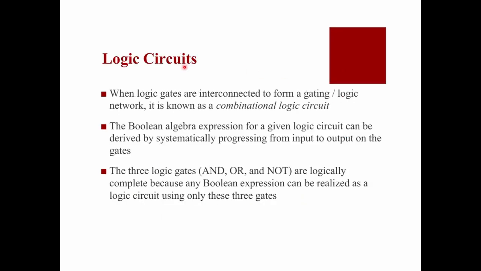Okay, let's see about logic circuits. When logic gates are interconnected to form a gating or a logic network, it is known as a combinational logic circuit. The Boolean algebra expression for a given logic circuit can be derived by systematically progressing from input to output on the gates.